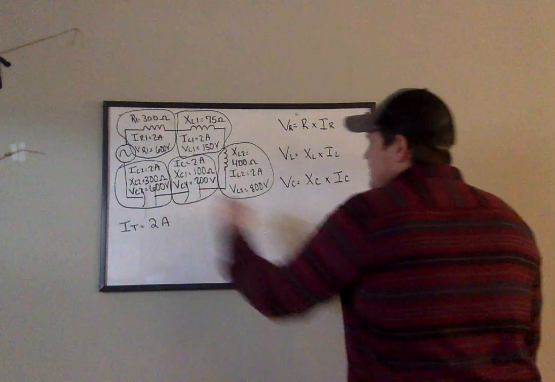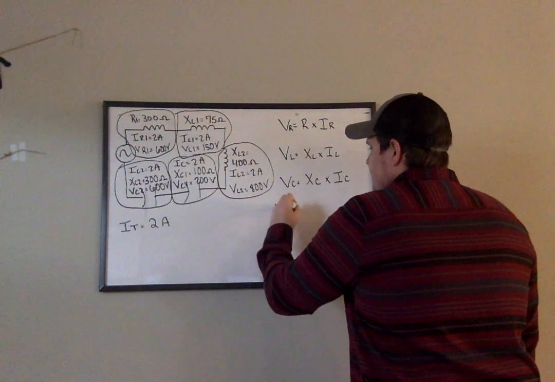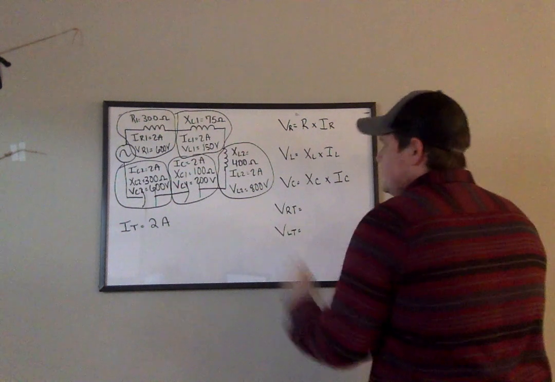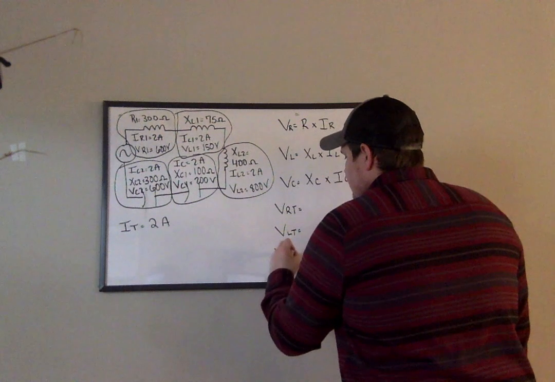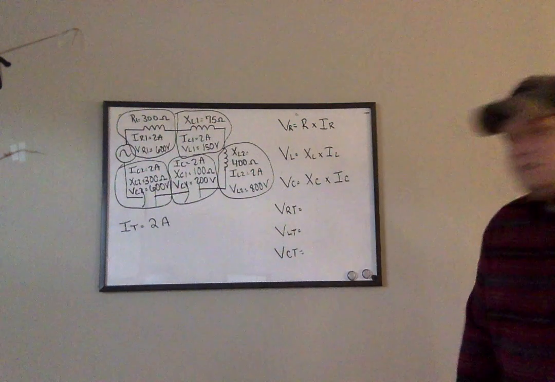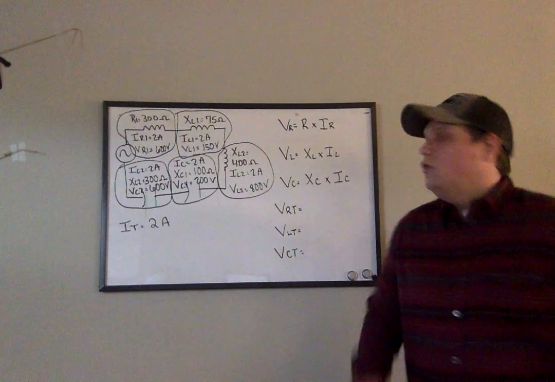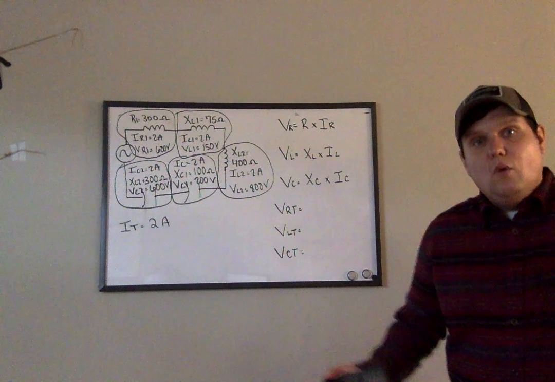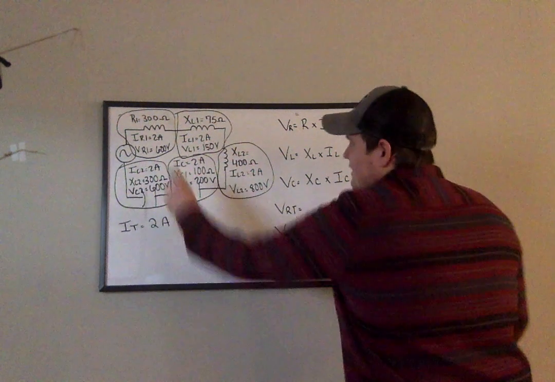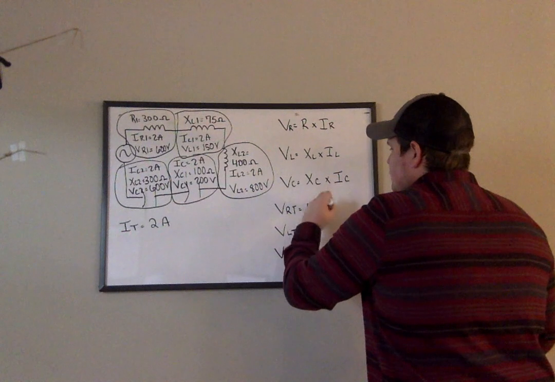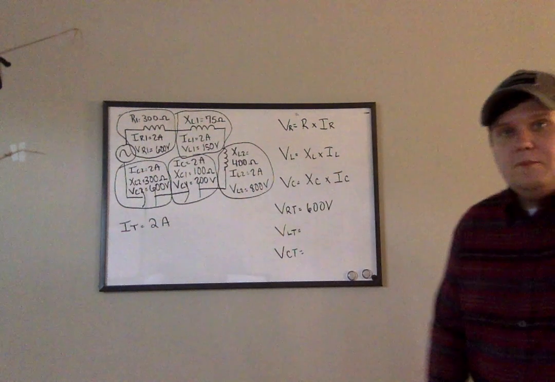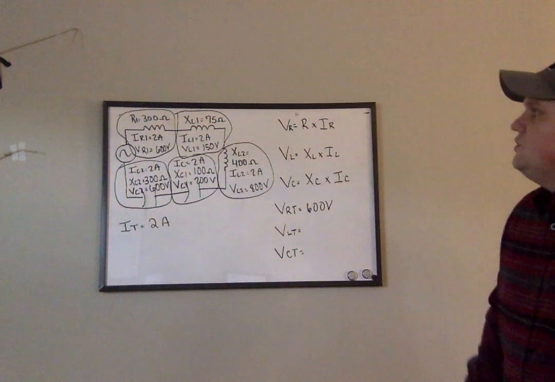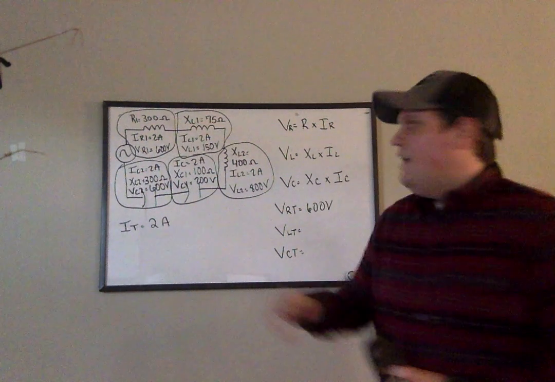We're going to have to get a VR total, a VL total, and a VC total. Since we have multiple components, we want to add up all of our like voltages. We only have one resistor, so VR total is 600 volts. Now I have 2 VLs.